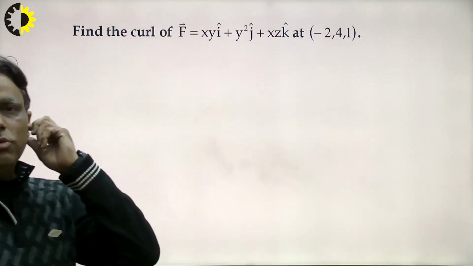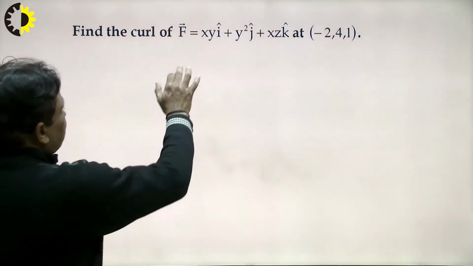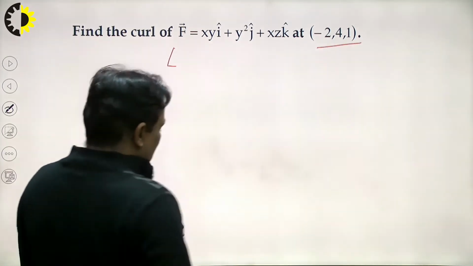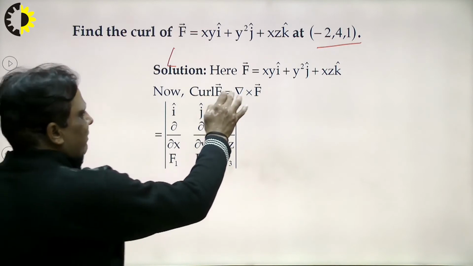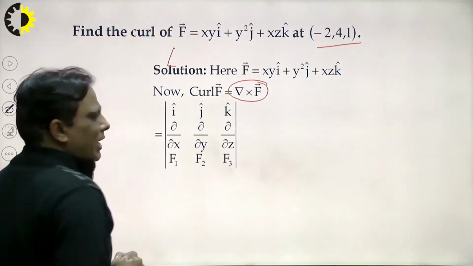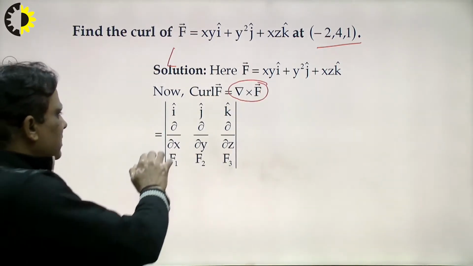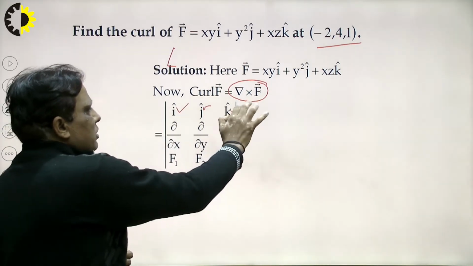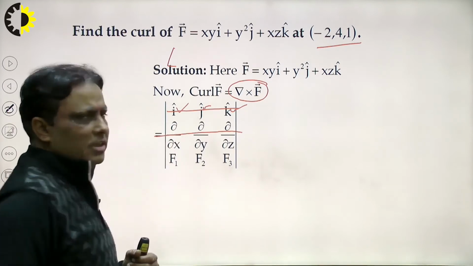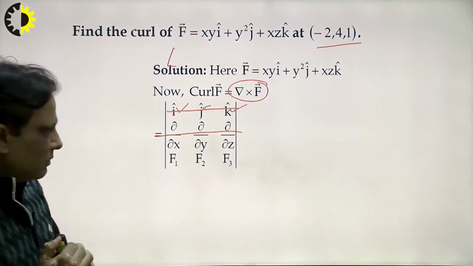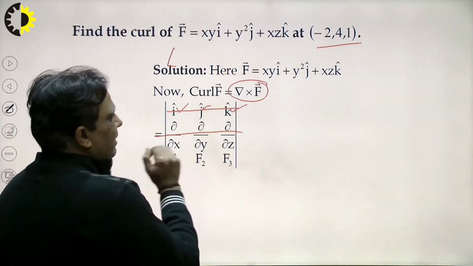Suppose I want to calculate the curl of this vector at this point. So first of all I calculate curl F. What is the definition of curl F? Del cross F. How to calculate? The first row is i, j, k and the second row is del over del x, and these two rows are always fixed in the case of del cross F. What are f1, f2 and f3?